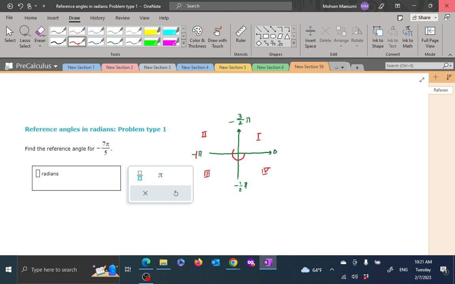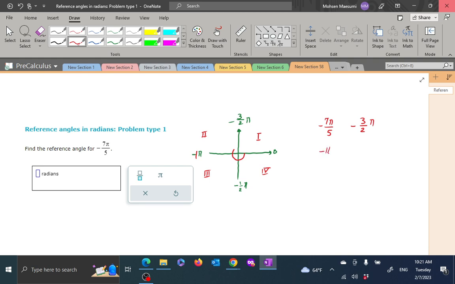Do I also pass through this vertical, minus 3 half pi? So the question is minus 7 pi over 5 and minus 3 half pi. When I am comparing these two, how do I compare? Multiply by the common denominator, which is 10.